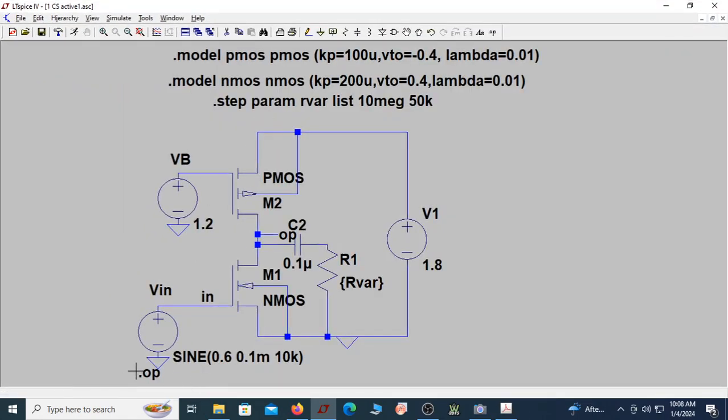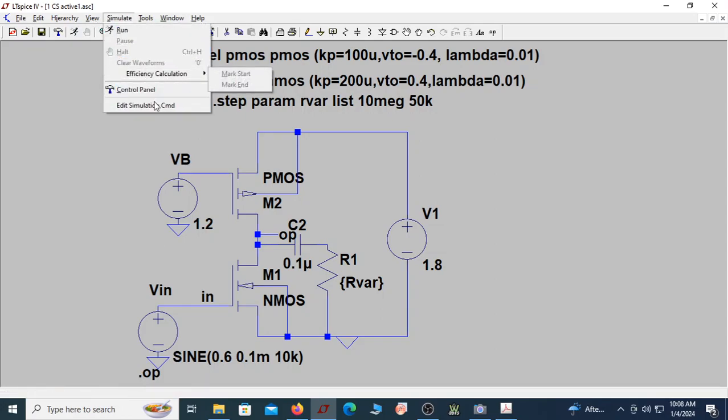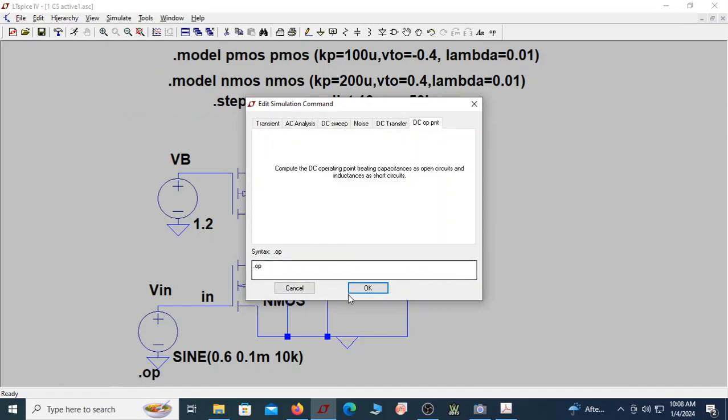Let us see whether all the conditions are okay. Before we start the simulation or verify the gain, let us ensure that the MOSFETs are in saturation, and check the DC conditions. The analysis we have to select is the DC operating point.